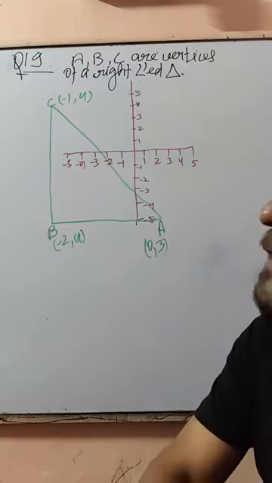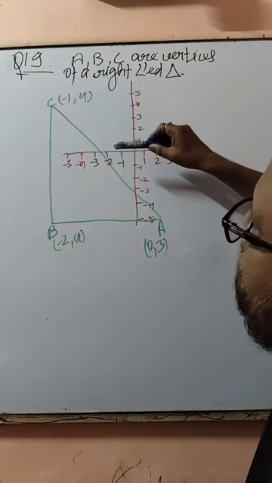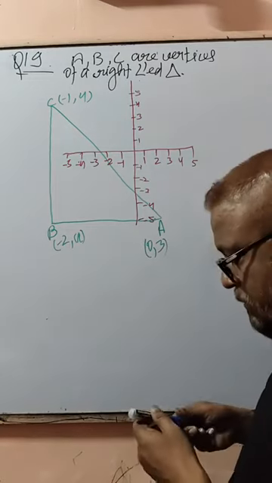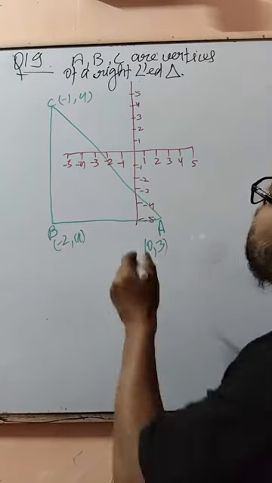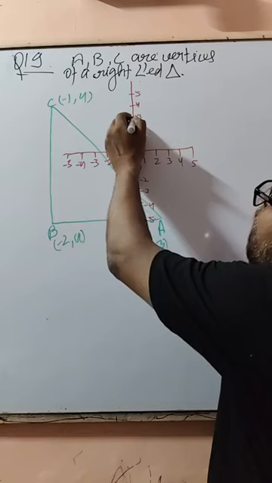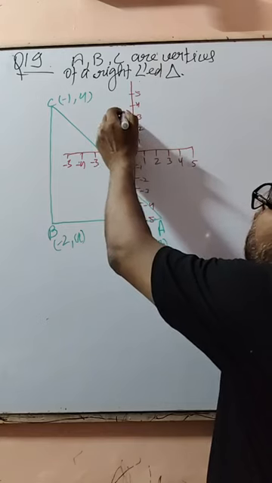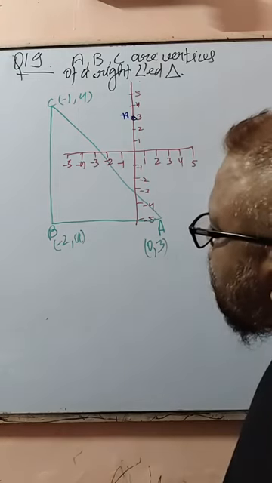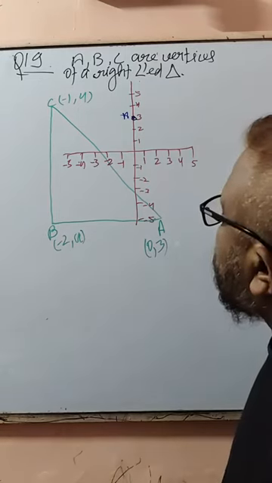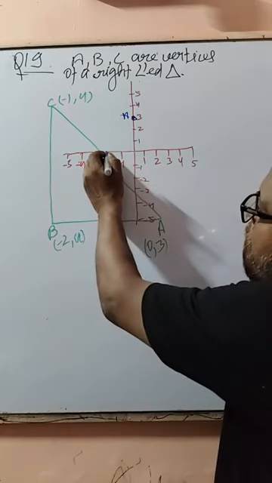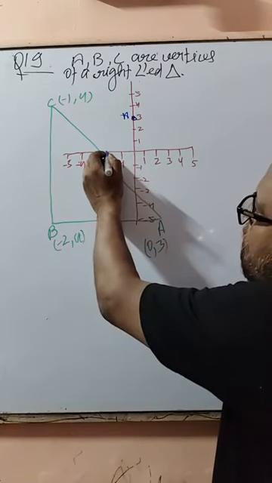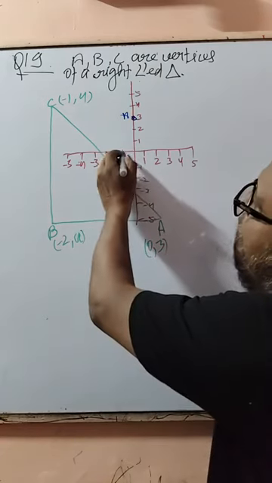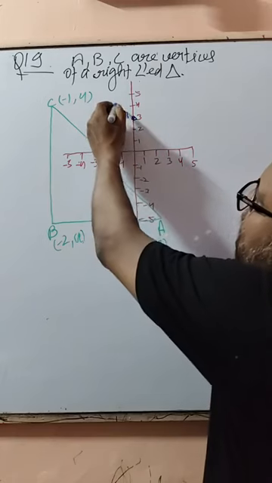Okay. Now what do we have to do? First, A is 0, 3. So where will 0, 3 go? 0, 3 will be here. This is A. Now C is -1, 4.